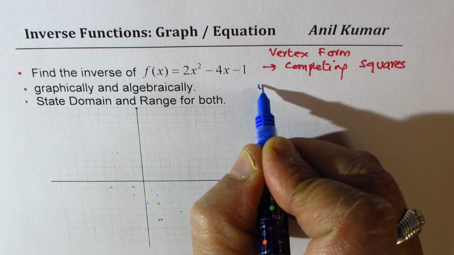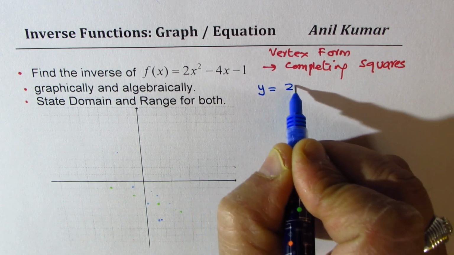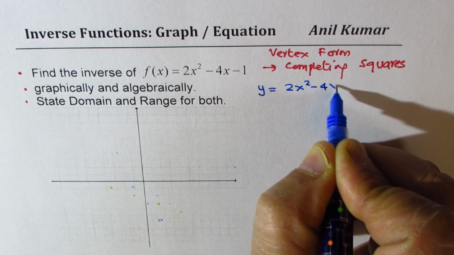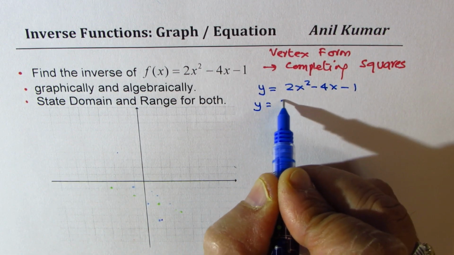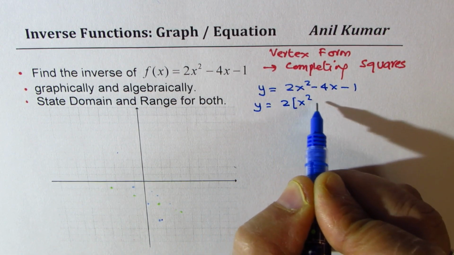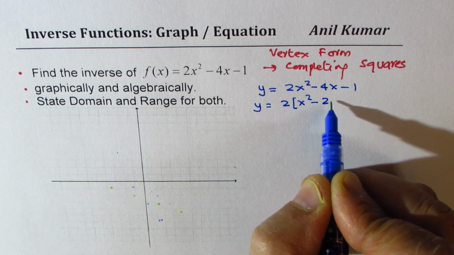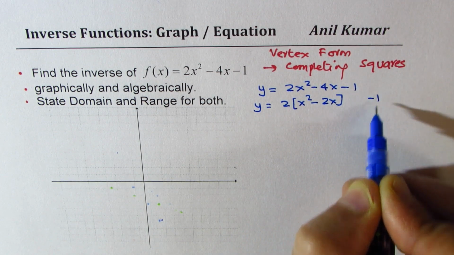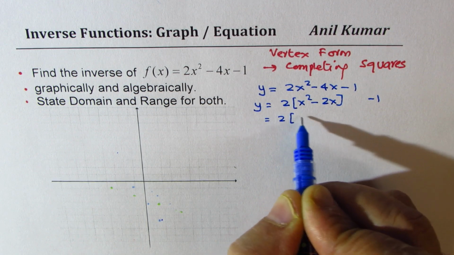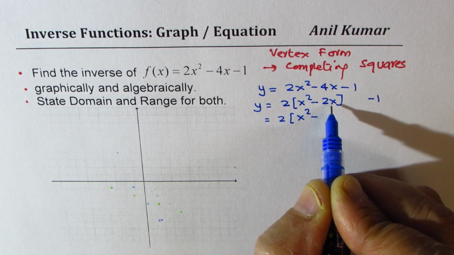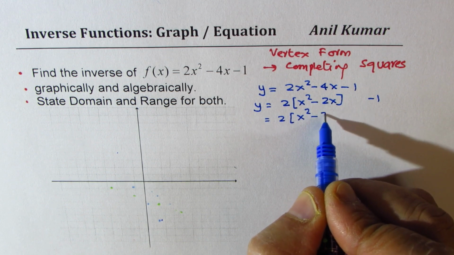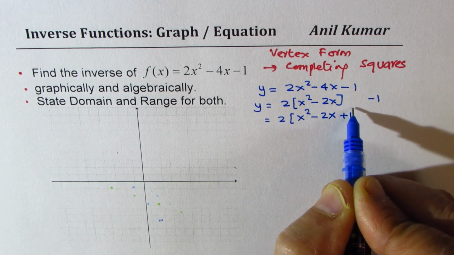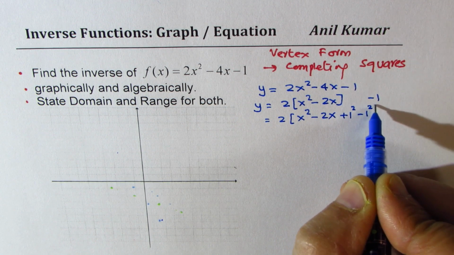So we are given the function as y equals 2x squared minus 4x minus 1. To complete the squares, we'll factor out 2. We get x squared minus 4 divided by 2 is 2x. Keep this one separate. Now we'll add and subtract half of the coefficient of x, which is 1 in this case. So we'll add 1 square and we'll also subtract 1 square.